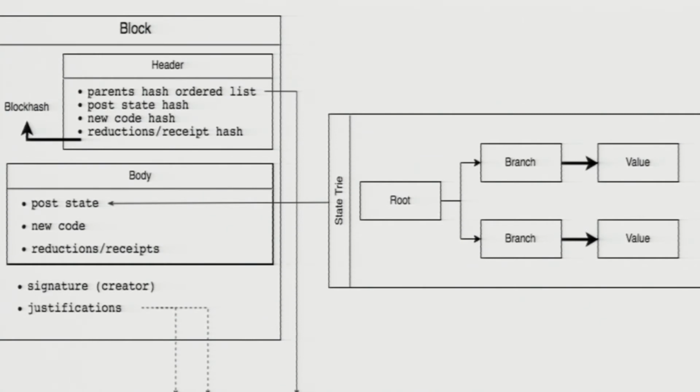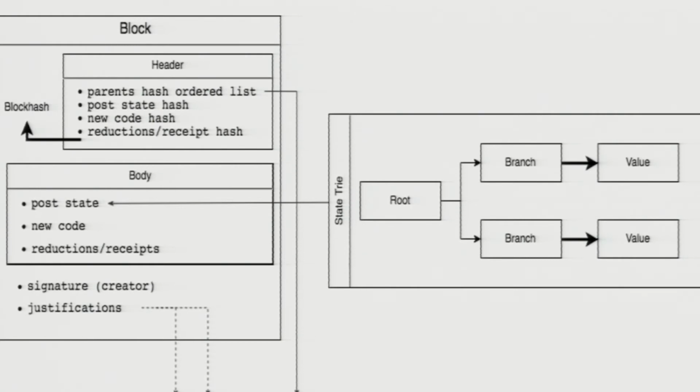And the point of this is that, following this reduction log, you can get the post state that you put in this block. And so, again, if you're familiar with Ethereum, this is similar to the receipts trie.